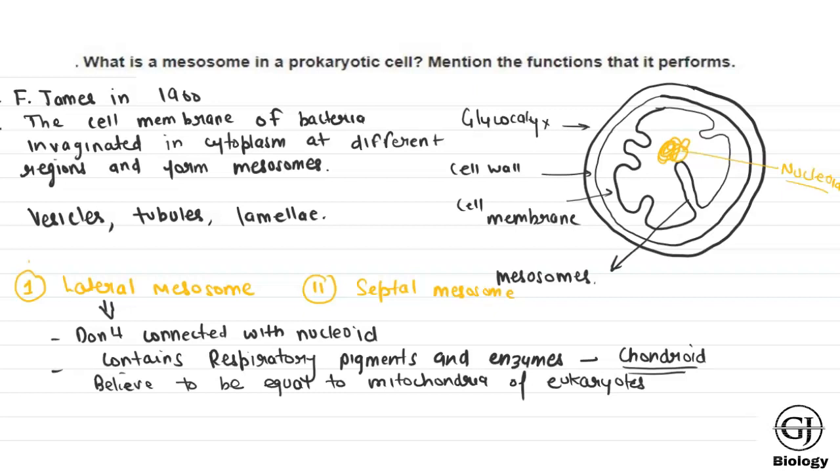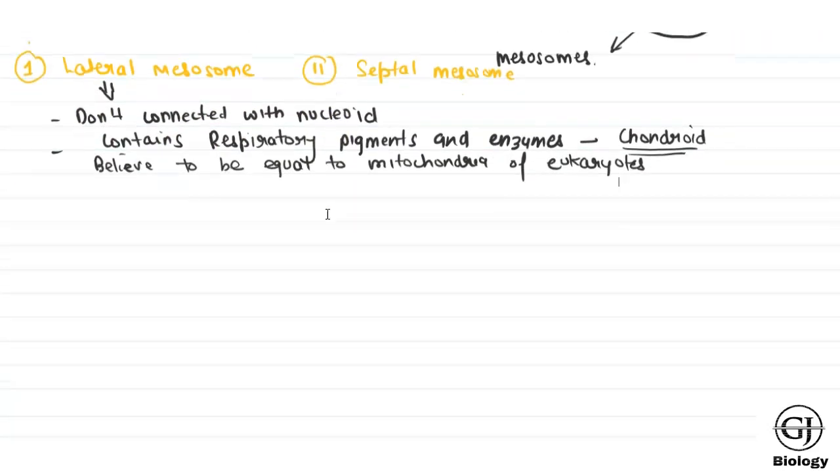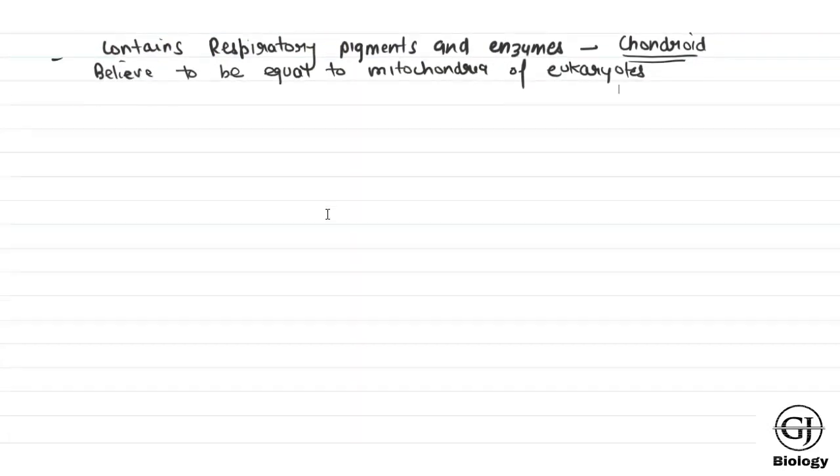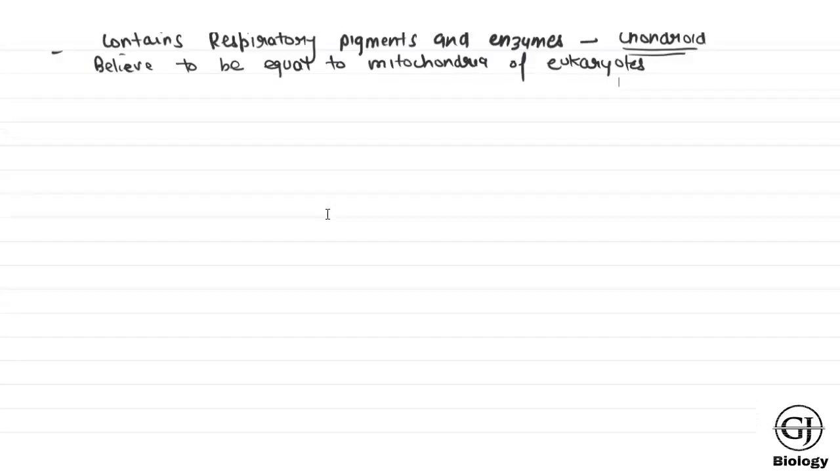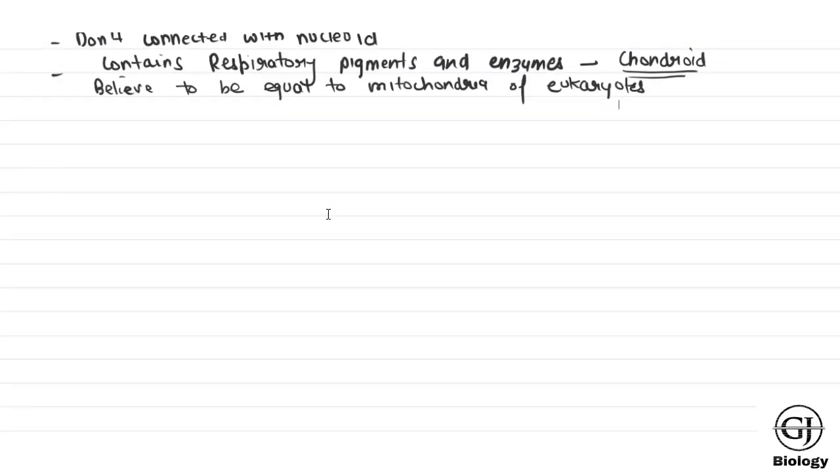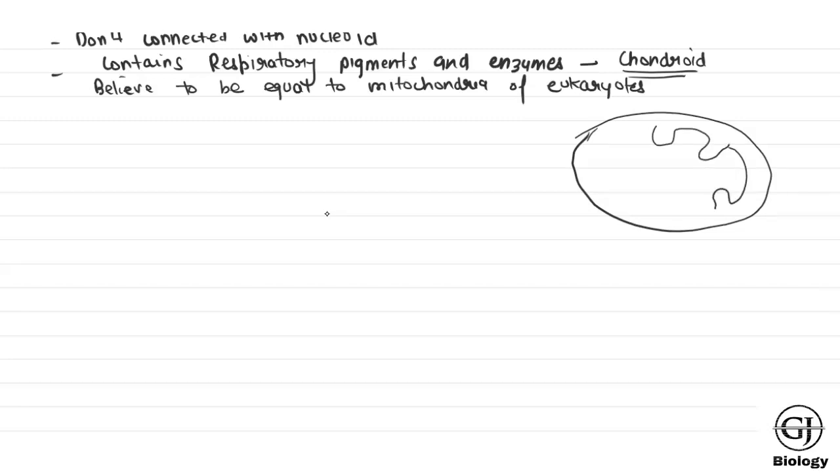Because if we look at the structure of the mitochondria of eukaryotes, it is comprised of two membrane coverings. The first one is the outer membrane, and just below this another membrane is present, which is called the inner membrane.